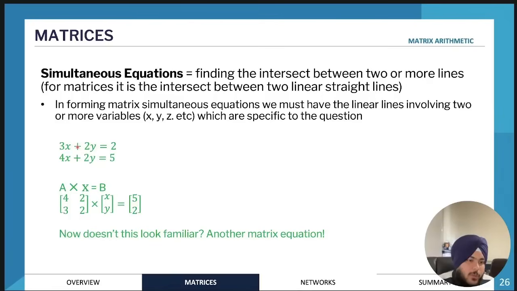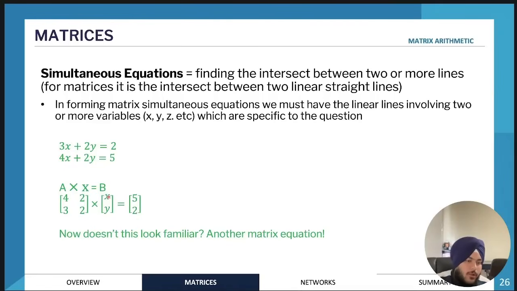So you have two different variables and you have two different situations. And then you will use matrices, so you'll convert these equations into a matrix equation such as this. For example, we have A times X is equal to B.